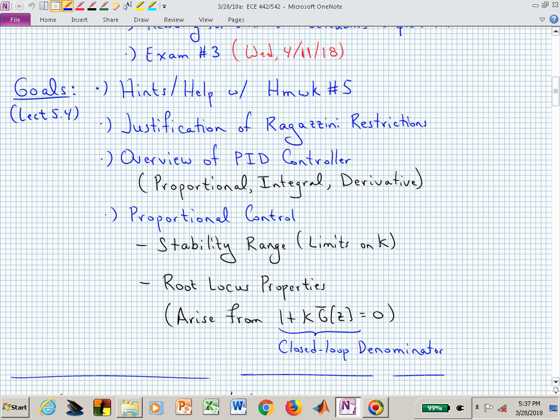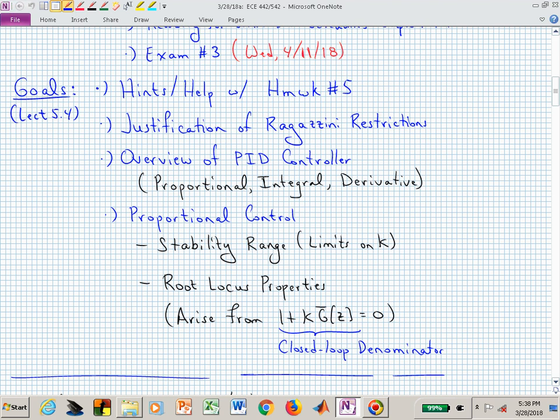What are these 3 different pieces? PID, I'm saying it PID because it's proportional, integral, and derivative. Each of those operates on the error signal to create an input to your system in the closed loop setting.